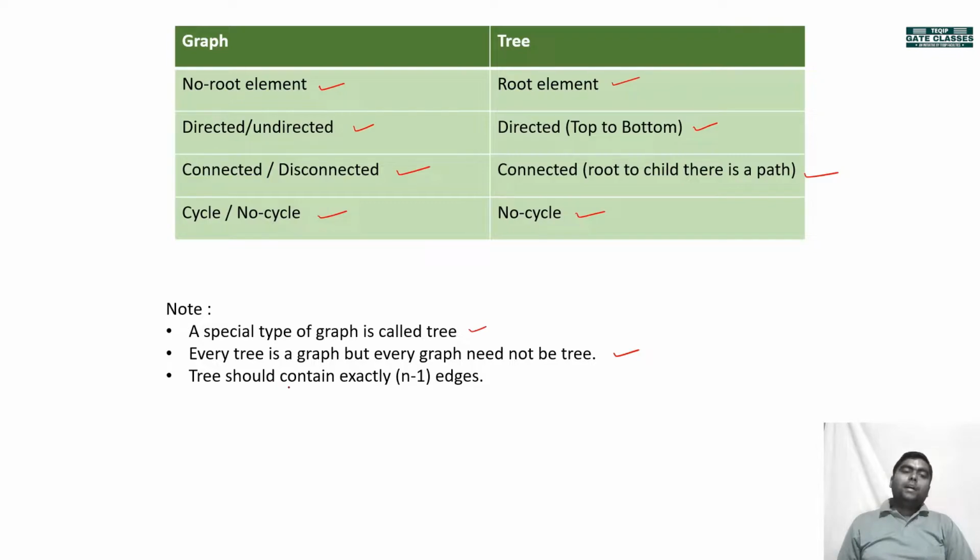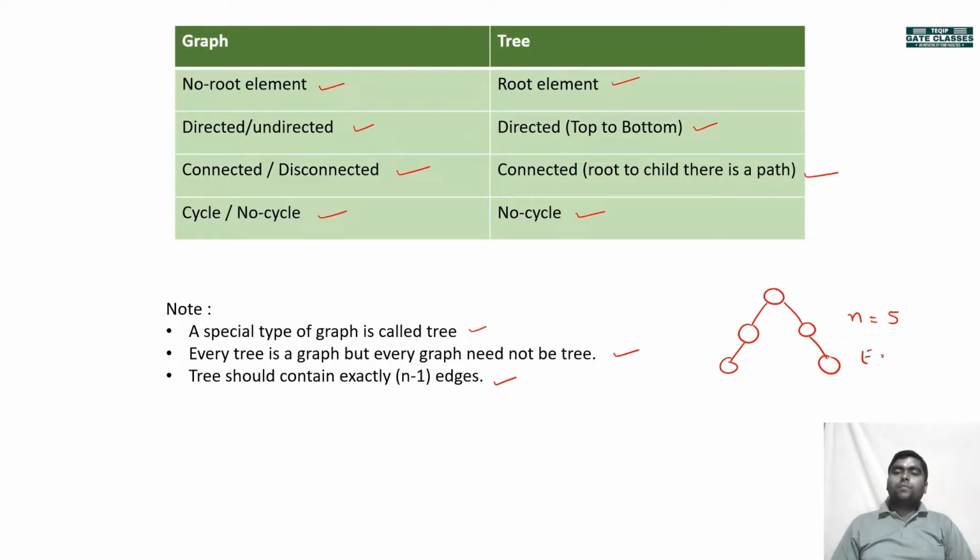And the last one is that a tree should contain exactly n minus 1 edges. This is an important rule. Let us assume this is a tree. How many vertices does this tree have? 5 vertices: 1, 2, 3, 4, 5. And how many edges?